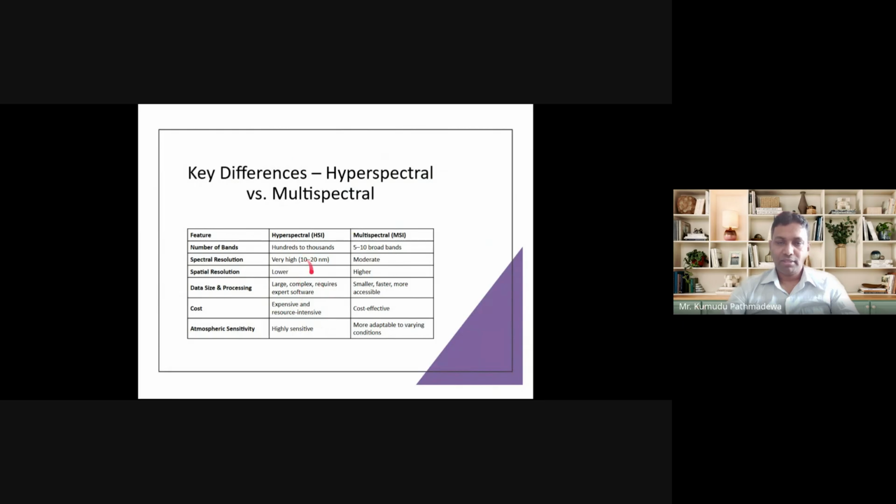On the other side, multispectral is faster, more cost effective, and ideal for routine mapping and monitoring, compared with hyperspectral.